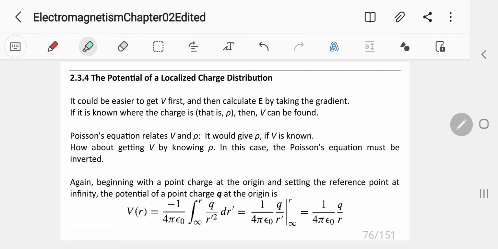Also, Poisson's equation says that when you have the charge distribution rho, then you can also find the potential. So how about getting V by knowing the charge distribution? In this case, Poisson's equation must be inverted.